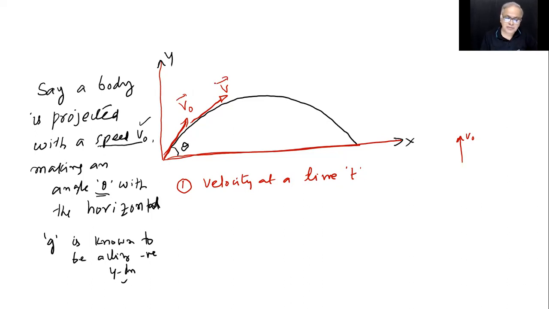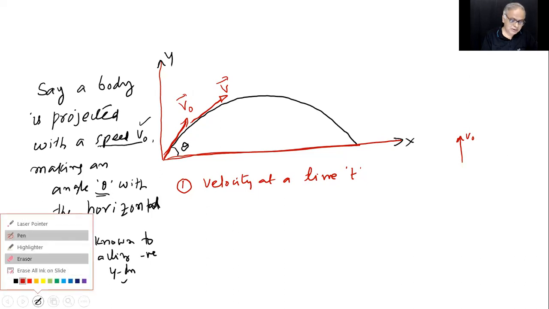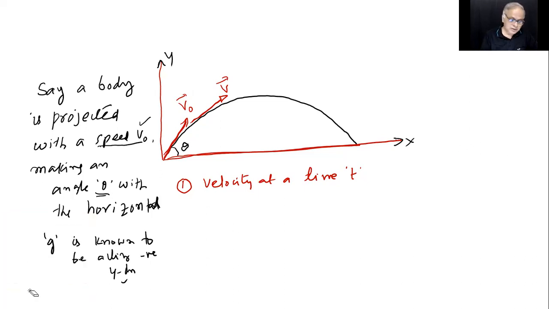Okay. Velocity at a time t I want. What we do in this kind of two-dimensional motion is a general statement I'll make here. The whole idea of what it means to say two dimensions, I'll tell you. How do you analyze motion in two dimensions? You are given v naught.